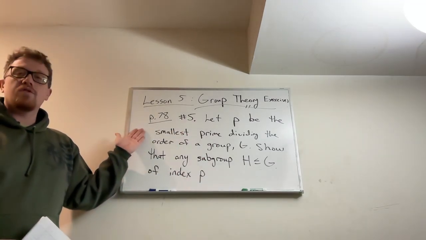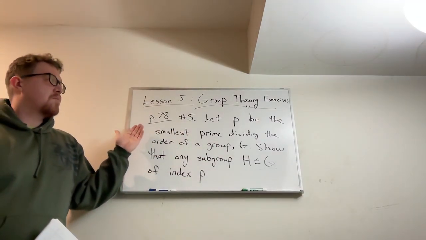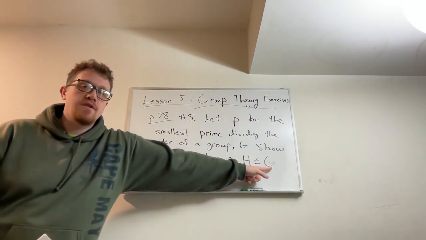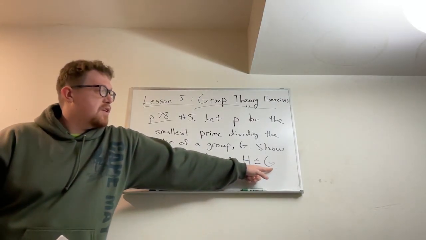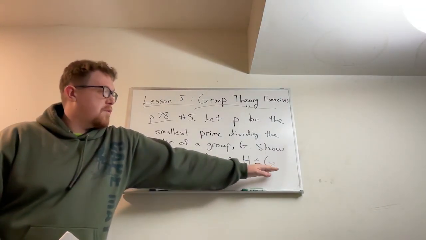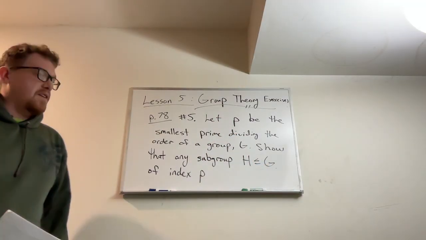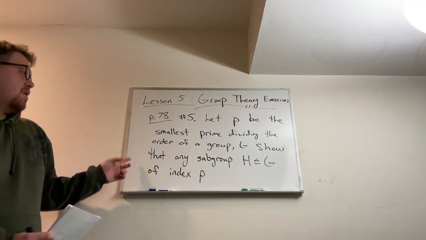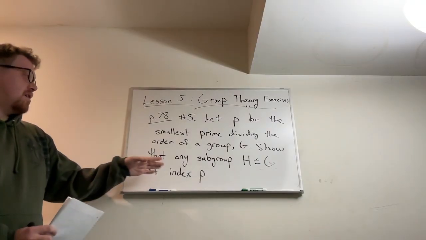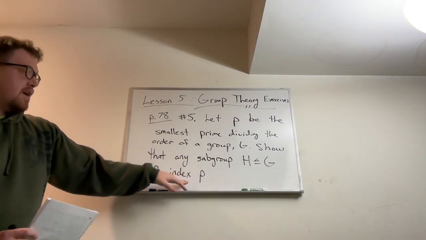It's the smallest prime divisor of the order of G. So whatever the number of elements in G is, p is a factor, and it's the smallest prime factor. Okay, so any subgroup of this index is normal.